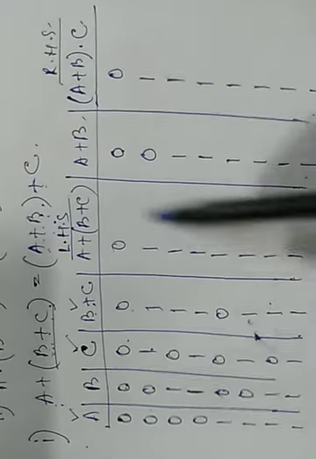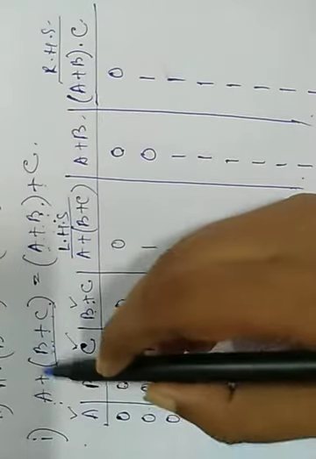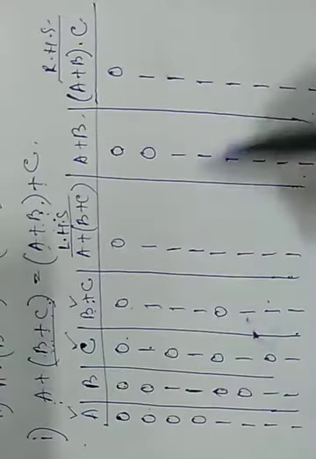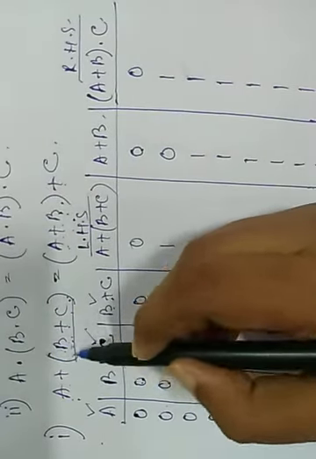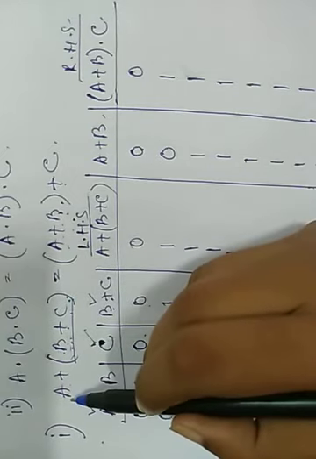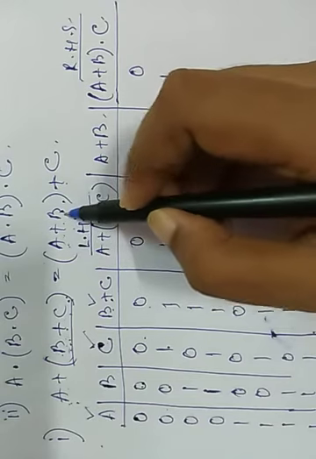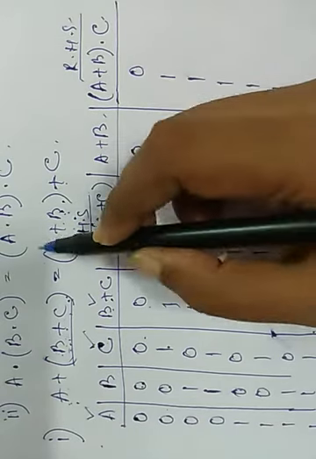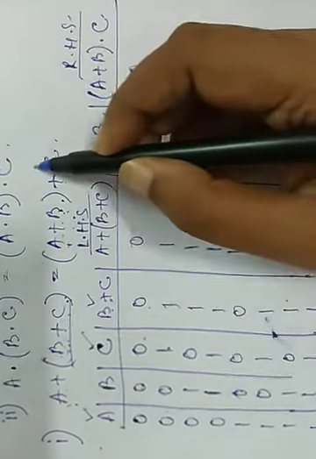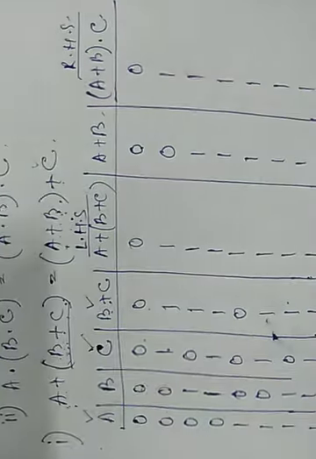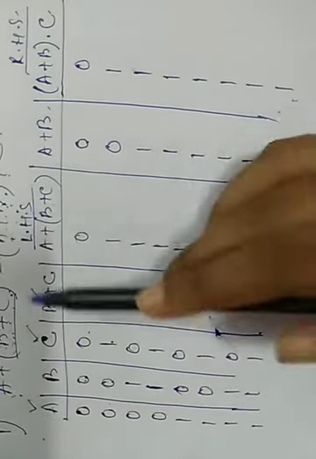So you can see easily that if we perform B plus C first and do the OR operation with A, or if we change the order, that is, do the OR operation of the first two variables first and then with C, we get the same output. So this is the associative law.